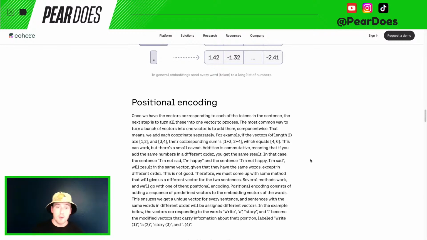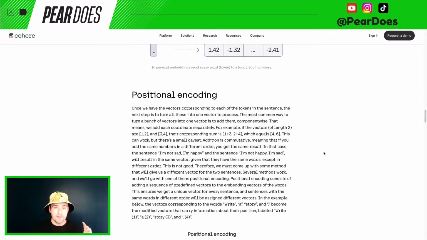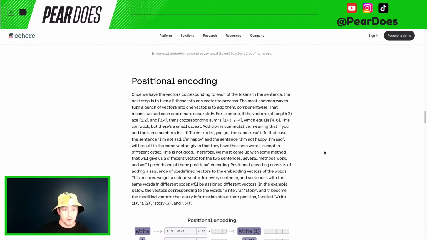Therefore, we must come up with some method that will give us a different vector for the two sentences. Again, recall what we went through in our previous streams. Several methods work, and we'll go with one of them, which is positional encoding. Positional encoding consists of adding a sequence of predefined vectors to the embedding vectors of the words. This ensures we get a unique vector for every sentence, and a sentence with the same words in different orders will be assigned to different vectors.